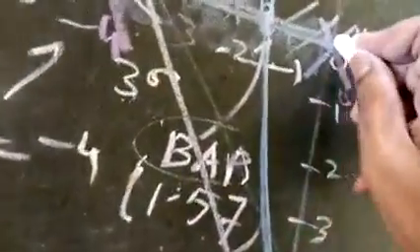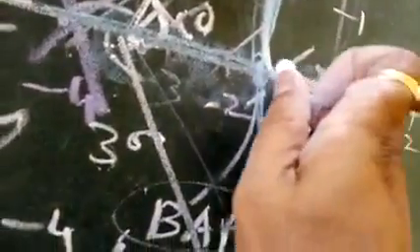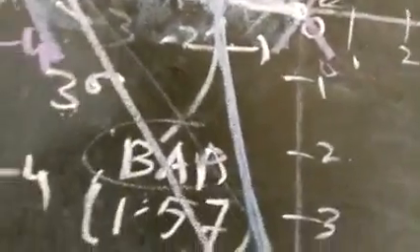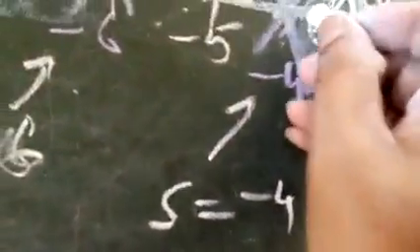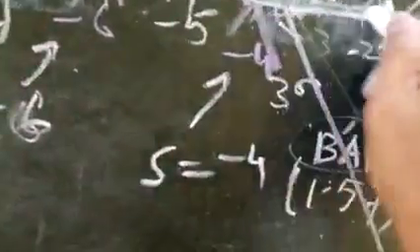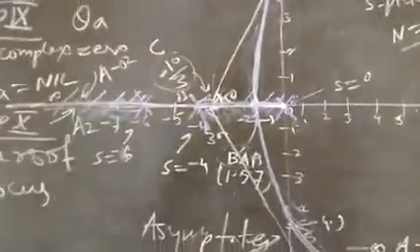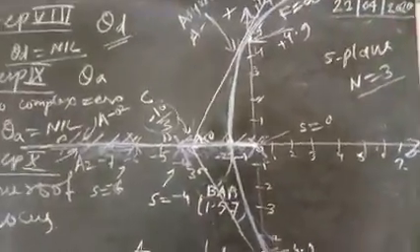So the root locus starts from s equal to 0 and terminates at k equal to infinity. Another starts from s equal to 0 and terminates at infinity. The third starts from minus 4 and terminates at infinity. Similarly, the others terminate at infinity. So finally we draw the root locus. This is the final diagram of the root locus.